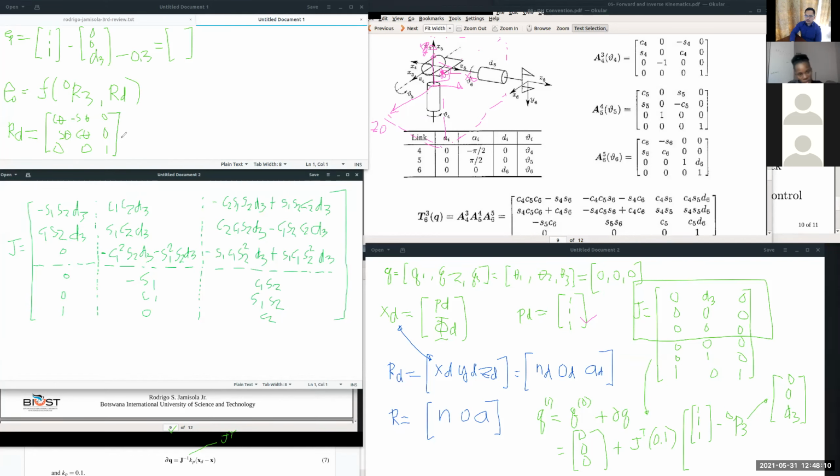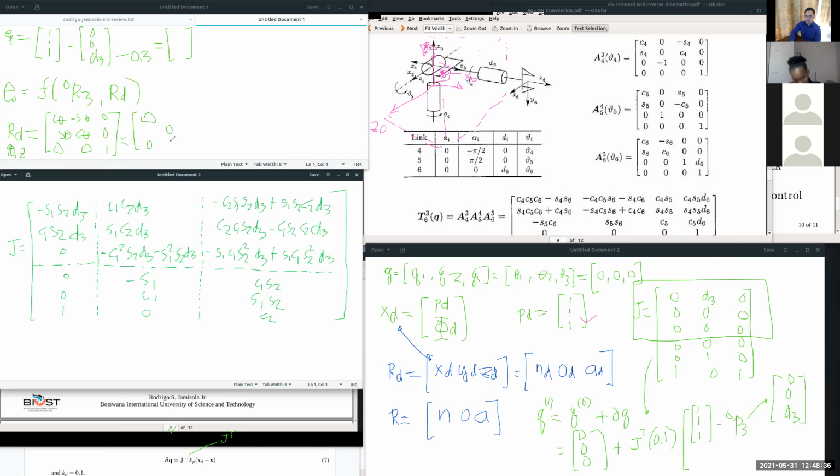Okay, so if we say our desired rotation is 90 degrees about the z-axis, cosine of 90 degrees is 0, so everything here is 0. This is 0, the diagonal term is 0.